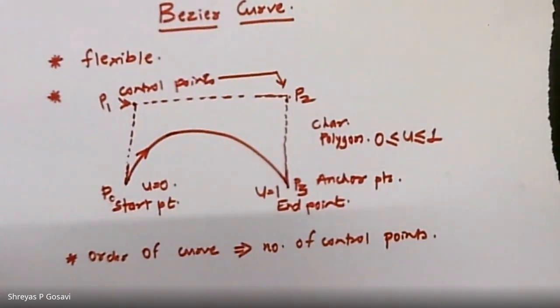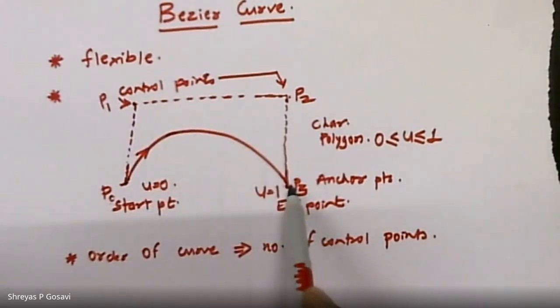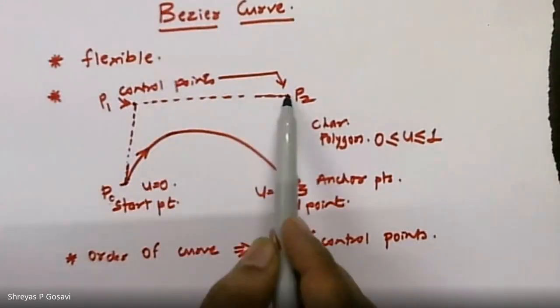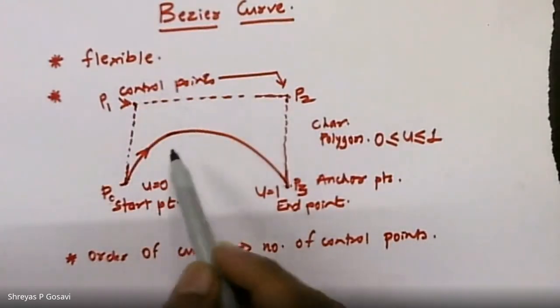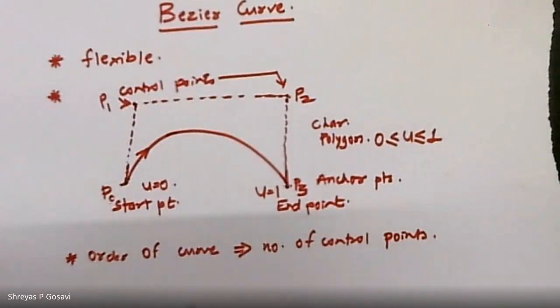The major characteristics of the Bezier curve: the curve passes through the start and end points of the characteristic polygon. This one is the start point and this one is the end point. So it passes through the start and end point. Whereas the other control points or vertices define the order or derivatives and shape of the curve.